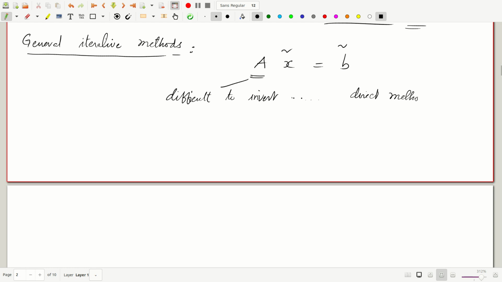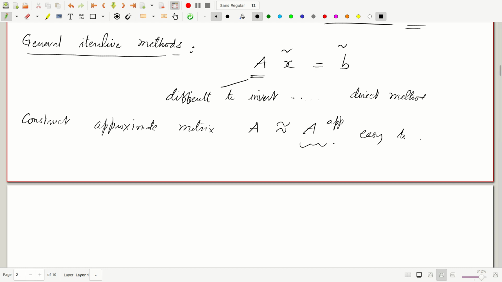As a result, we will construct an approximate matrix for A, let's say A approximate, such that A approximate is easy to invert.